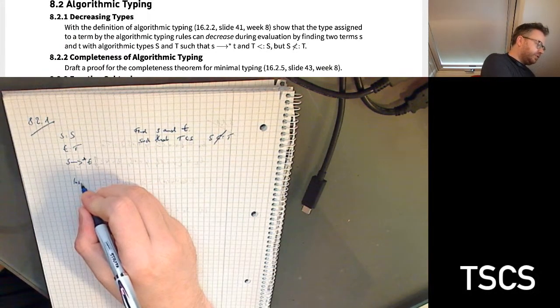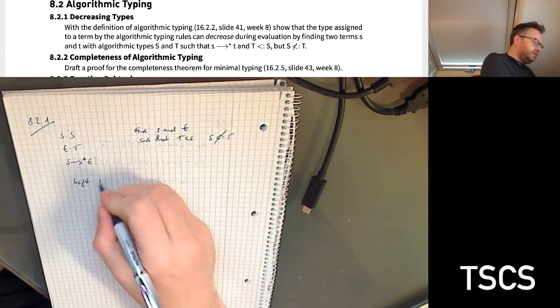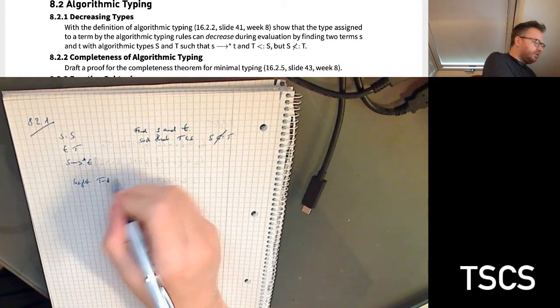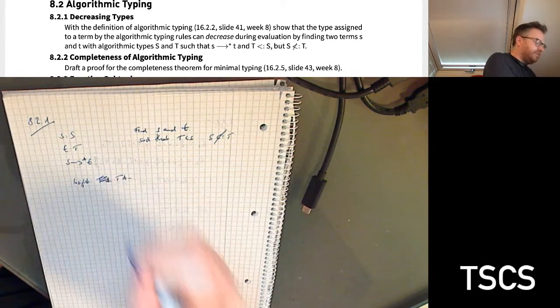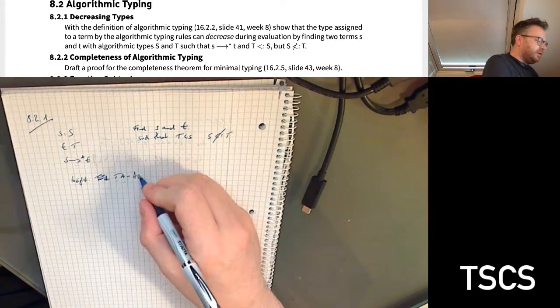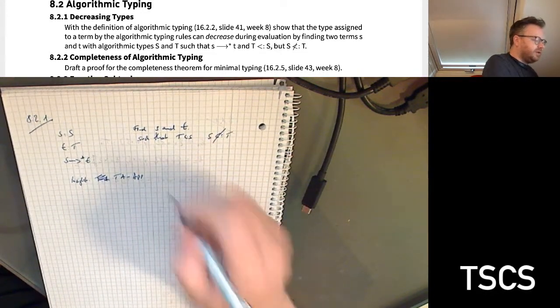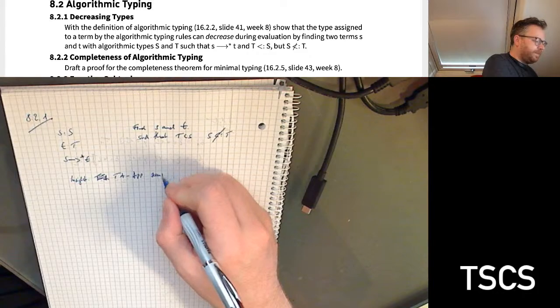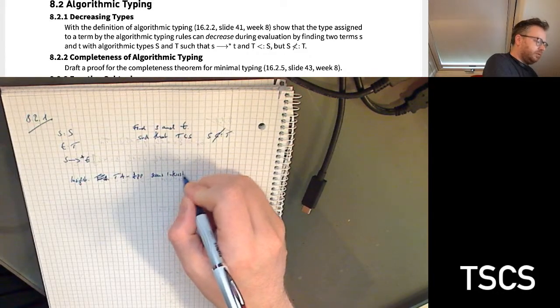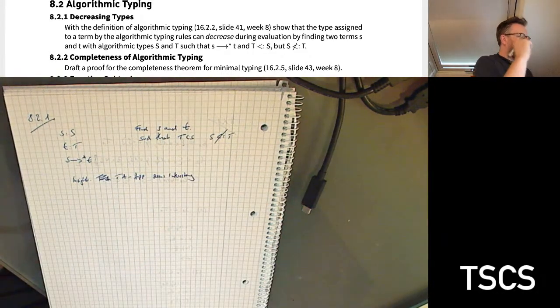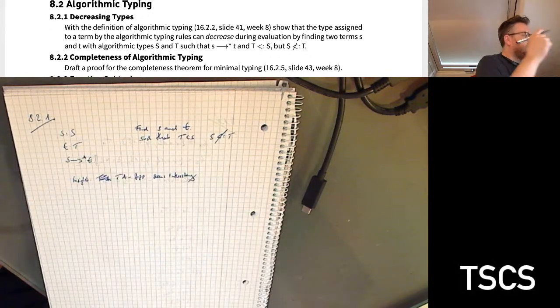So let's just write it down. The algorithmic typing, the T-app rule seems to be interesting, and we have to check for that.